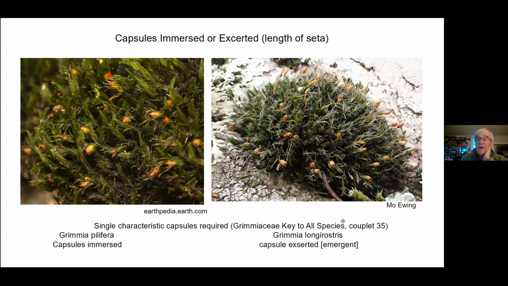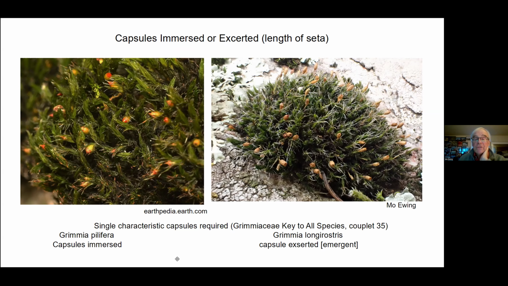And this couplet is couplet 35 in the Grimmiaceae key to all species in Flora Neomexicana. And I indicate whether it's a single characteristic, which means that when you get to that couplet, the only characteristic is the sporophyte description, which means that you have to have sporophytes in order to get beyond that couplet.